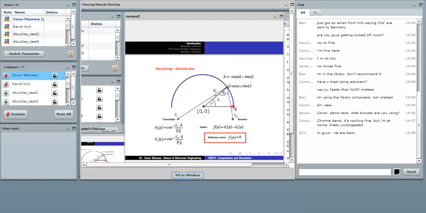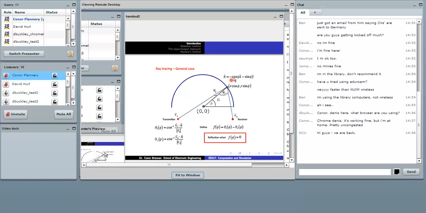And our challenge is to find the value of phi that gives us some point on this semicircle such that if you draw a vector from that point to the transmitter and draw a vector from that point to the receiver, these are the vectors we see here, v1 and v2, and we examine the angle that these vectors make with the normal.